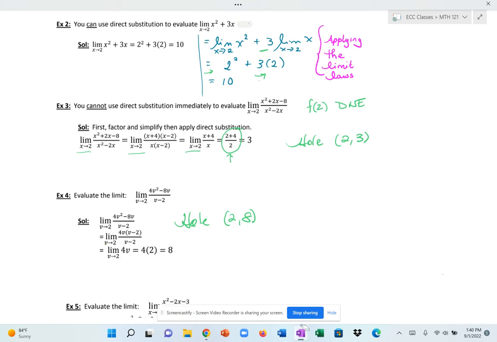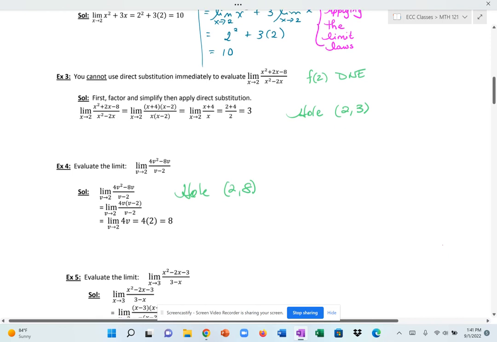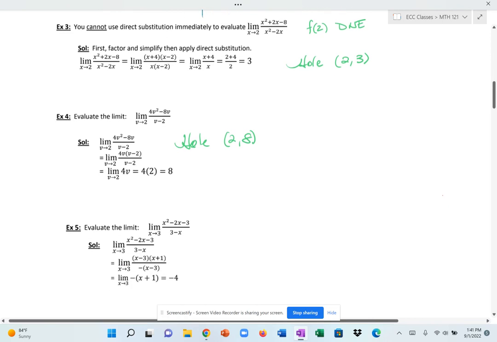Having good clean notation is really important, and it will become more and more important as you take higher levels of mathematics, because it's part of the language of how you communicate the mathematics is to have a clear, good notation.